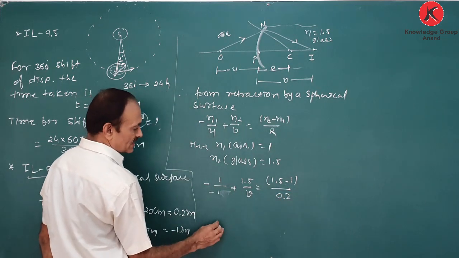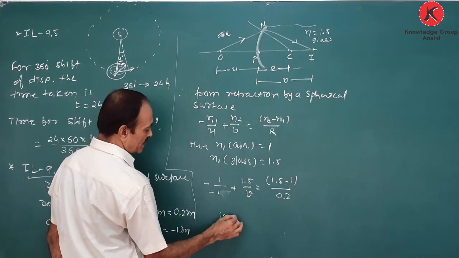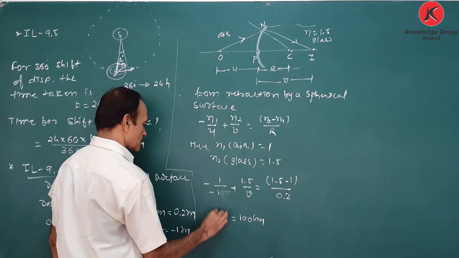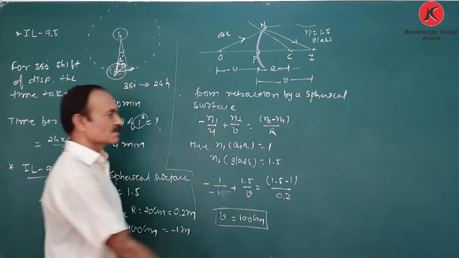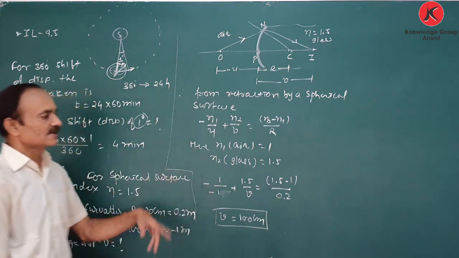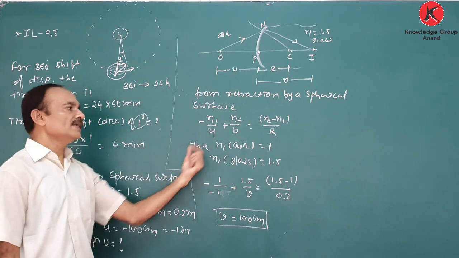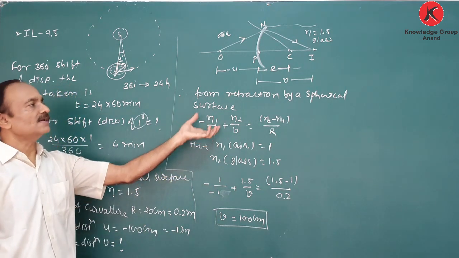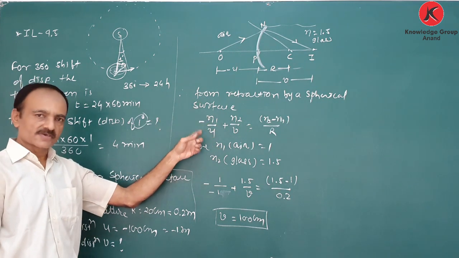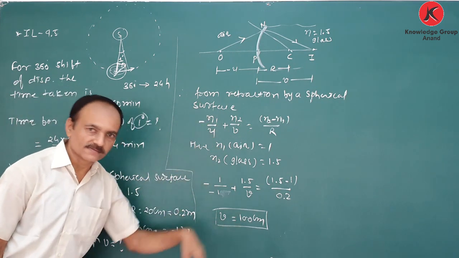By simplifying this equation, we obtain v as 100 centimeter. That means the position of the image is obtained at 100 centimeter. Clear? A very easy numerical, only the use of the equation, which we obtain from refraction by a spherical curved surface. Clear?